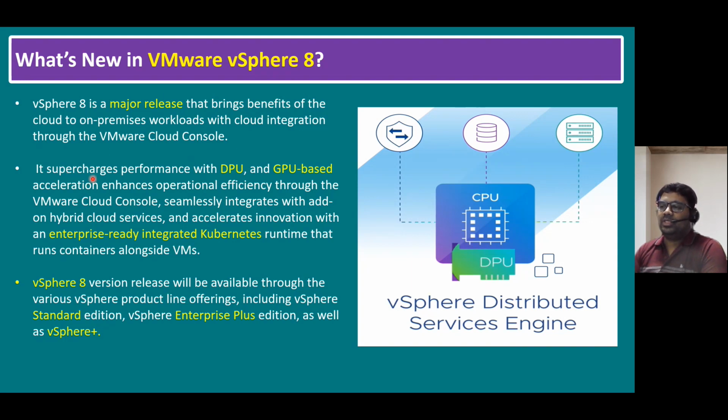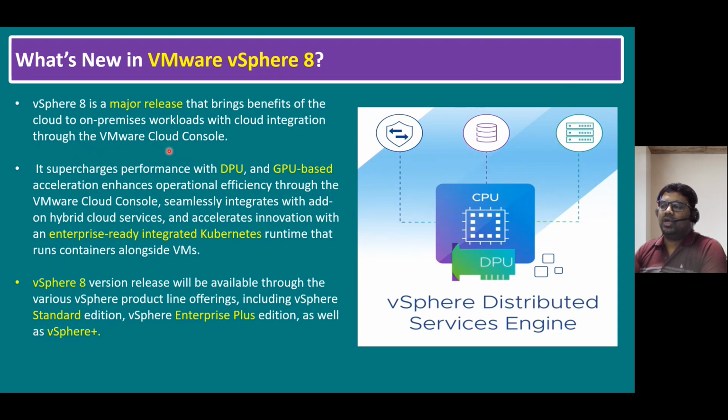Okay, and it supercharges performance with the DPU. When compared to CPU, when our motherboard is running with the DPU, it completely supercharges performance, and the GPU-based acceleration enhances operational efficiency through the VMware Cloud Console and seamlessly integrates with add-on hybrid cloud services.